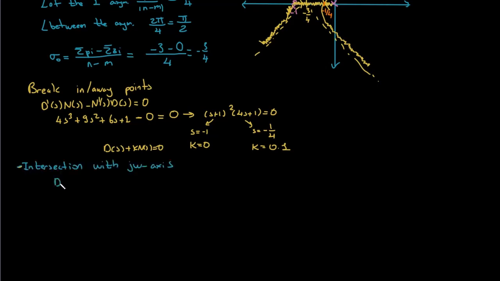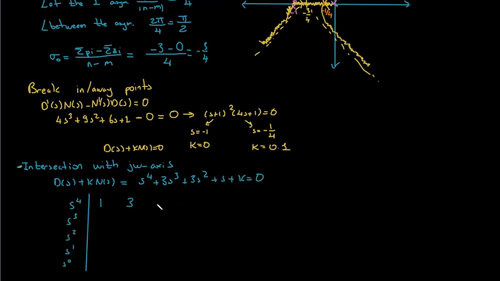So d of s, s plus 1 cubed, plus k equals 0. The s to the power 0 coefficient is equal to k. The coefficient of s cubed is equal to 1, and the coefficient of s squared is equal to 3. I will compute this term over here, right?